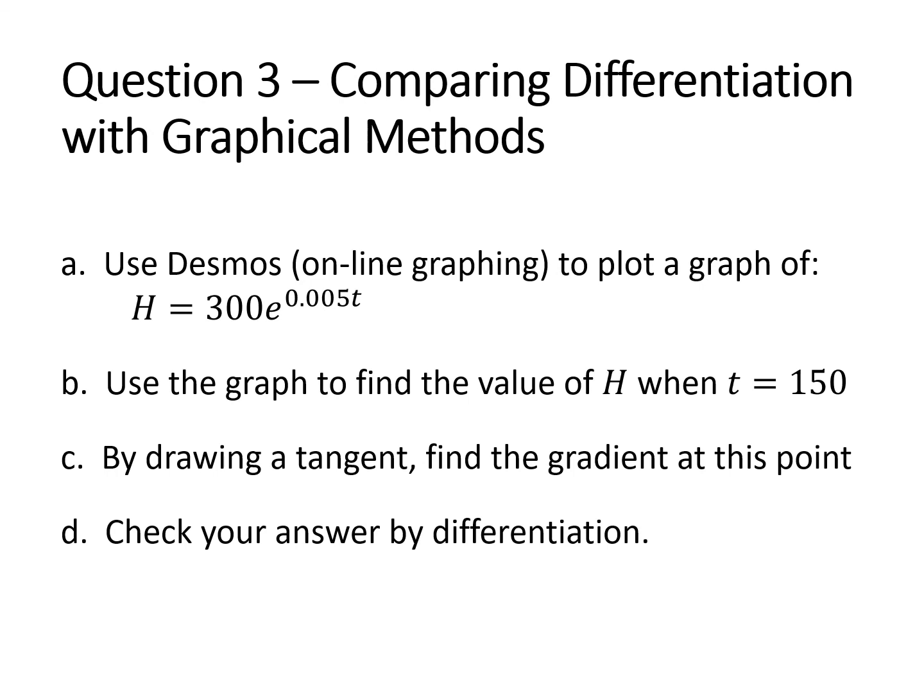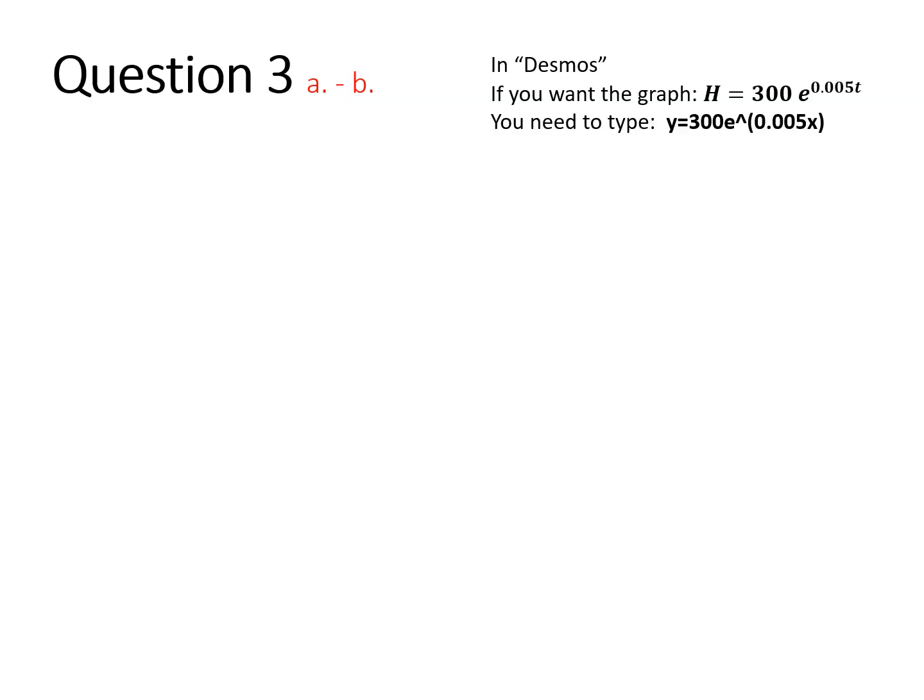Okay, so first of all, we need to use Desmos to plot the graph. Now, when you use Desmos, the website, you need to put this equation h equals 300e to the 0.005t into it. I suggest you use y and x instead of h and t. So y equals 300 e to the power of. Now, when you want to do it to the power of, you have to do Shift and 6 if you're on your keyboard.